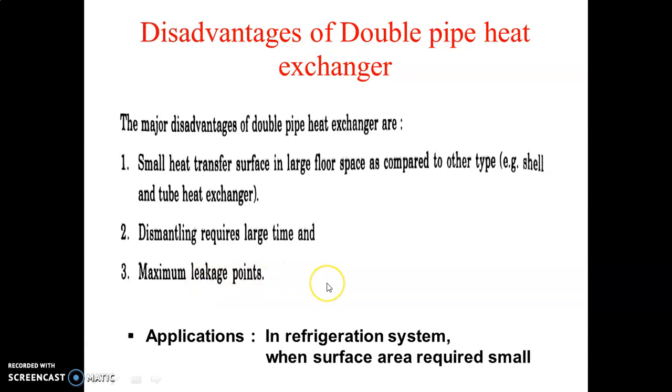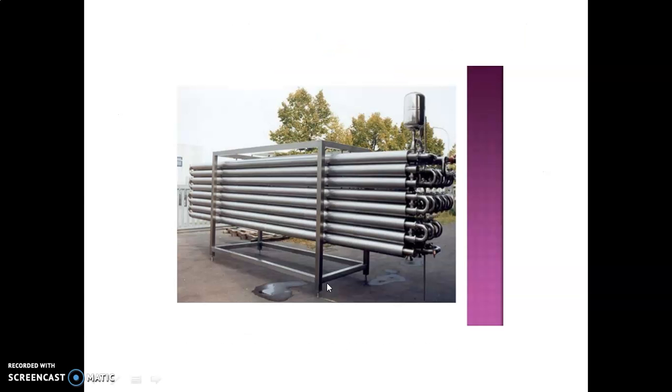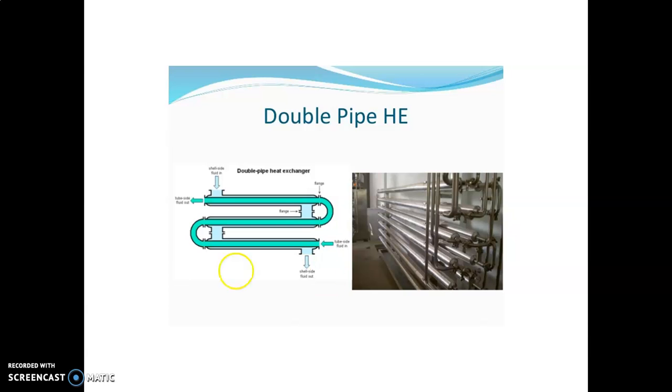And maximum leakage point. Maximum leakage point means the liquid may leak because this double pipe heat exchanger has a lot of joints. Here there is a joint, here a joint, again here is the return bend.